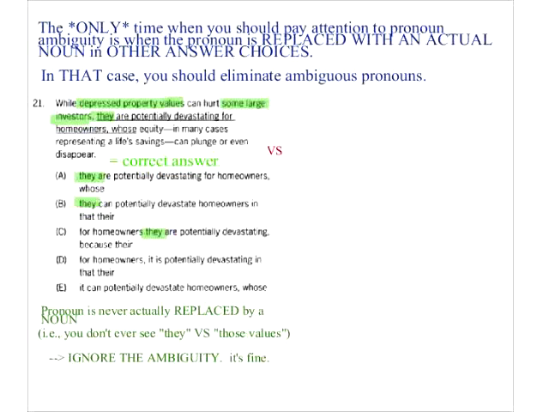Versus, here's another problem that also at some point has appeared on the GMAT Prep. That's this one.